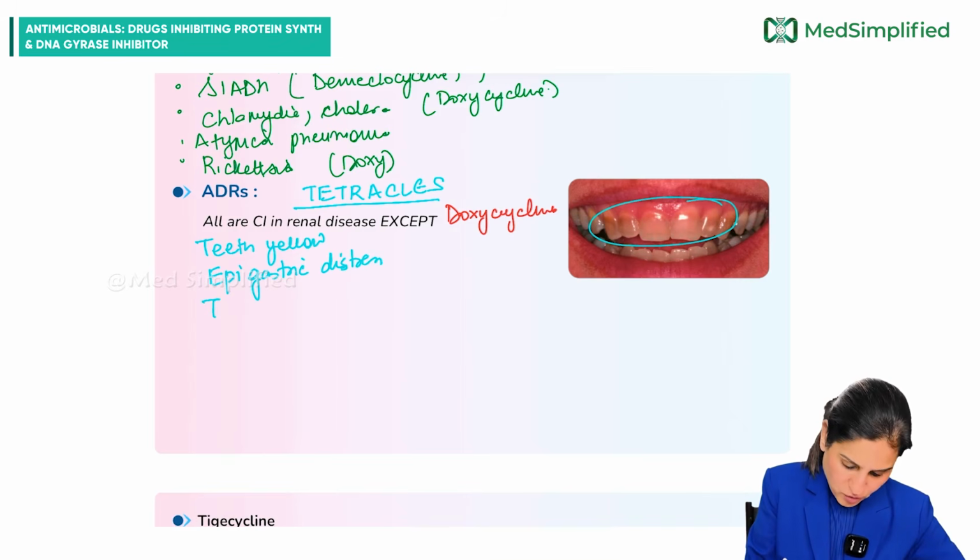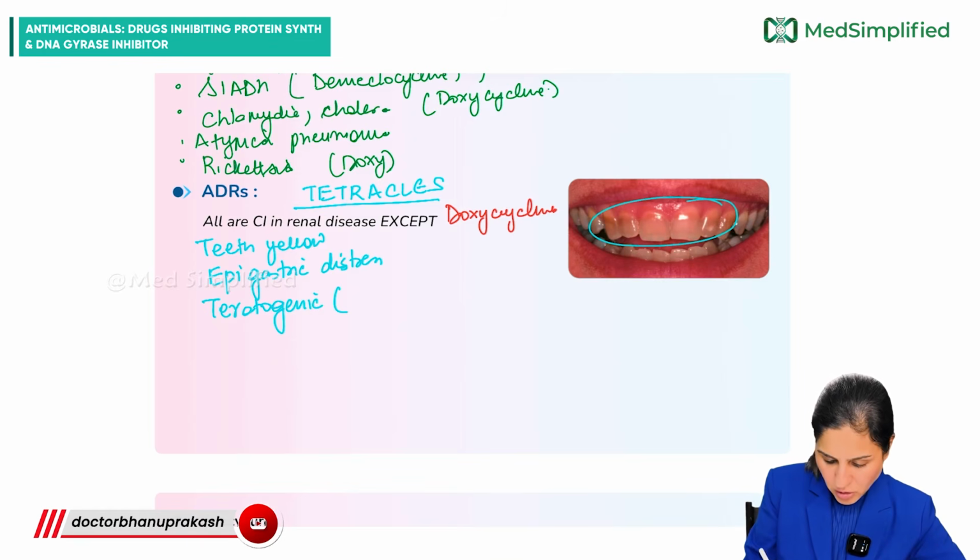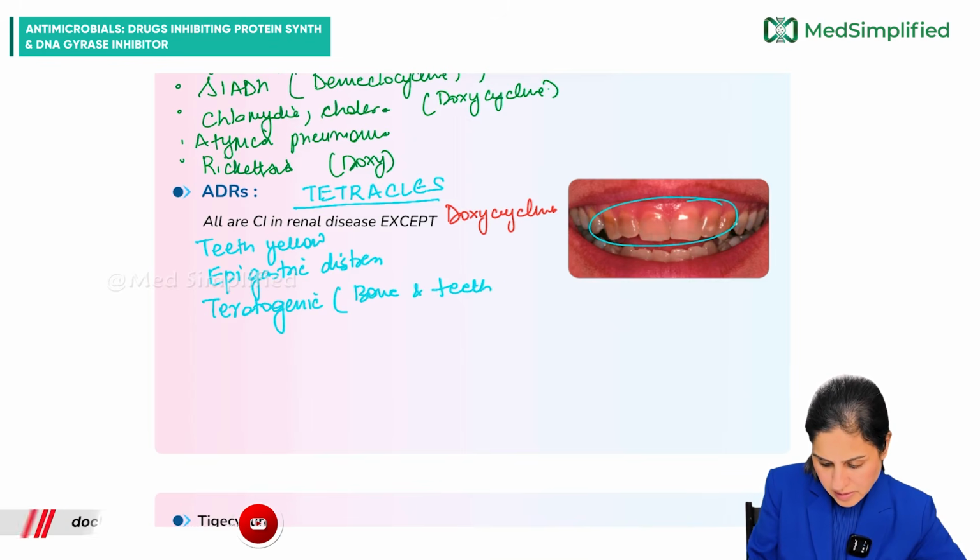Another T stands for teratogenic, because it can cause bone and teeth defects in the fetus.